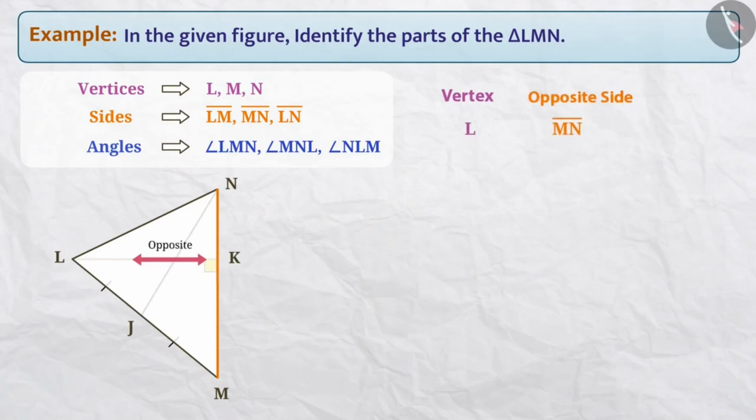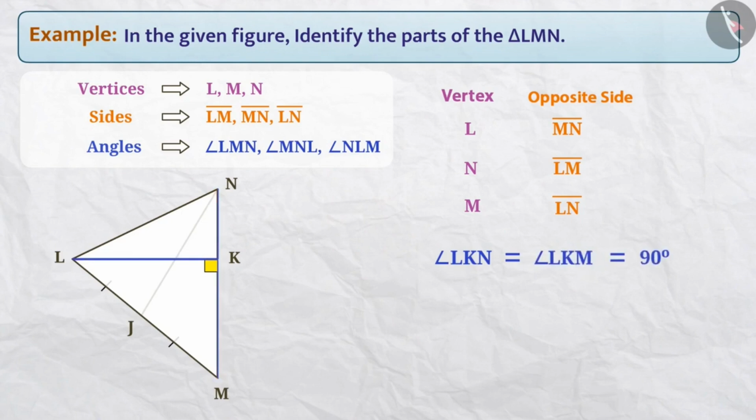Similarly, the vertex and the opposite side pairs are the vertex N and the side LM, and the vertex M and the side LN. As you can see here, the line segment LK is made on the opposite side MN from the vertex L. Here, from this sign, we get to know that angle LKN is equal to angle LKM is equal to 90 degrees.